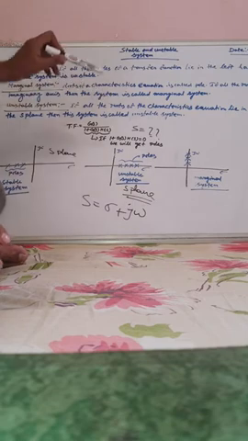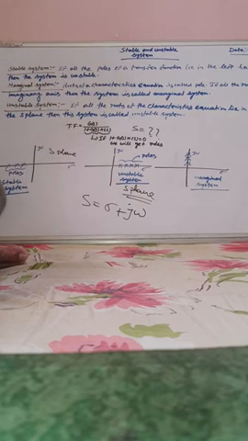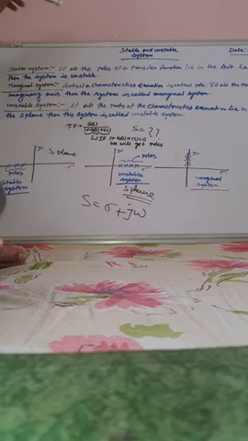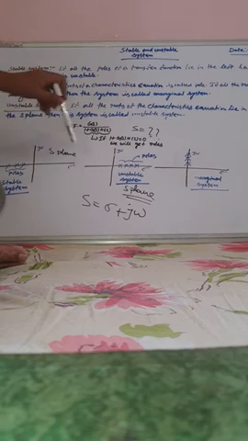So roots of a characteristic equation are called poles. So this is your stable system, marginally stable system, and unstable system, and these are the pole-zero plots.